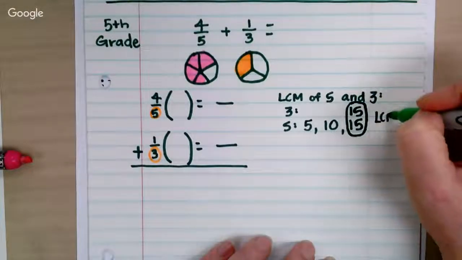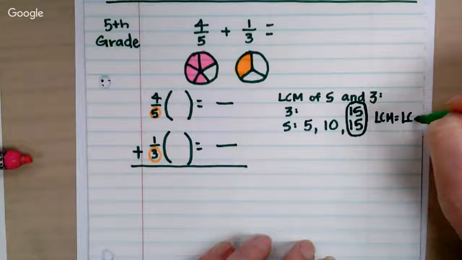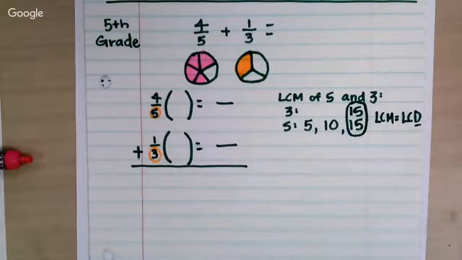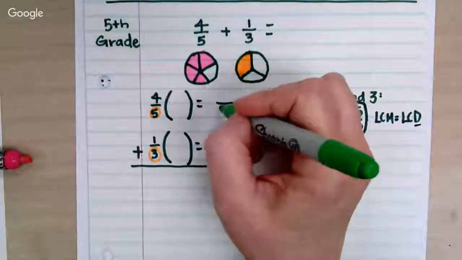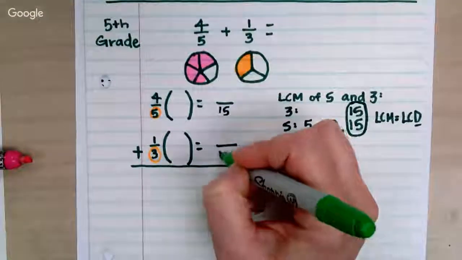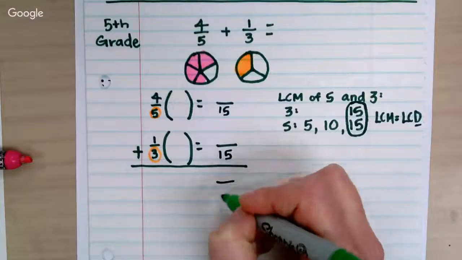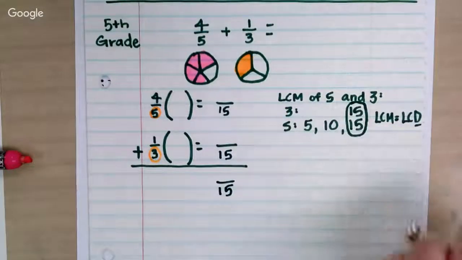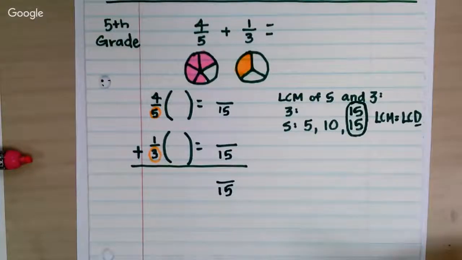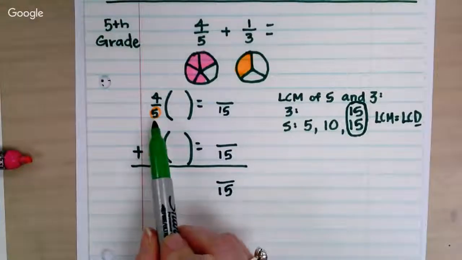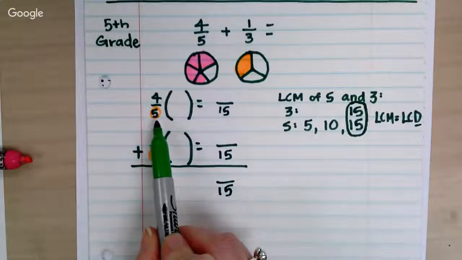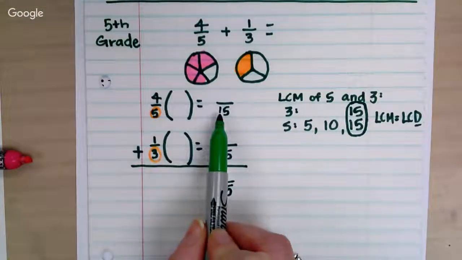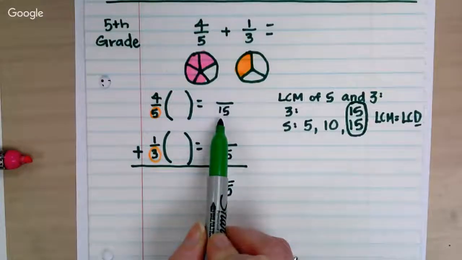Now, my LCM will become my LCD, because I will use this as my denominator. So 15 will get plugged into the denominator position. And just like in fourth grade, I know if I have like denominators, I can carry that denominator down into my sum. Now, I need to take 4/5, and I need to create an equivalent fraction where 4/5 equals a fraction of equal value, but with a denominator of 15.